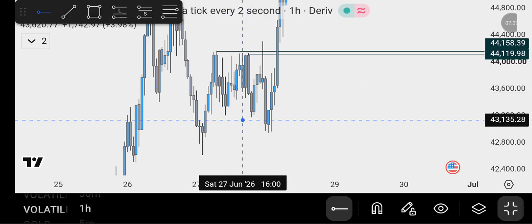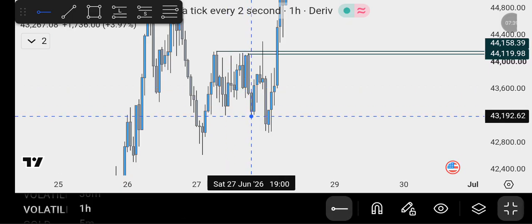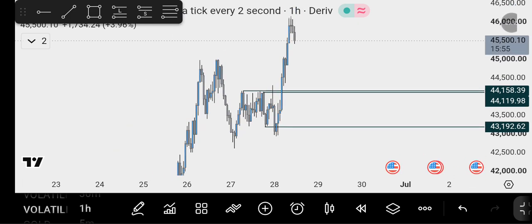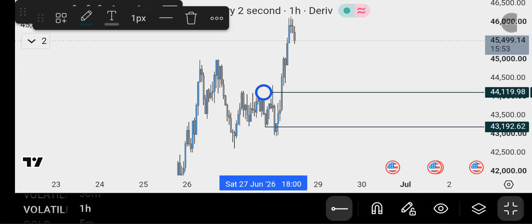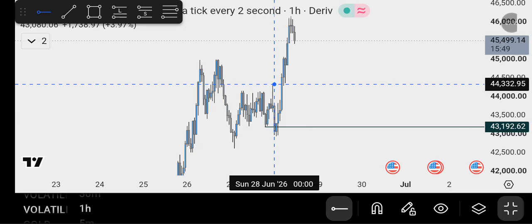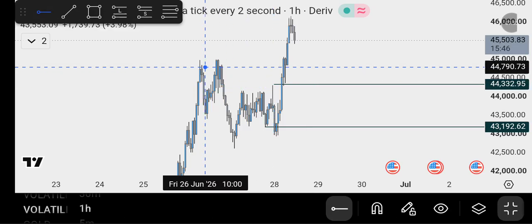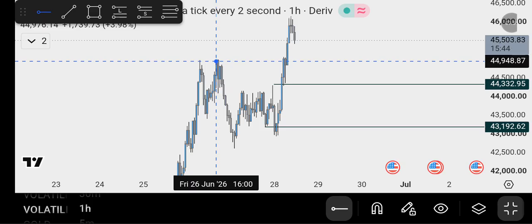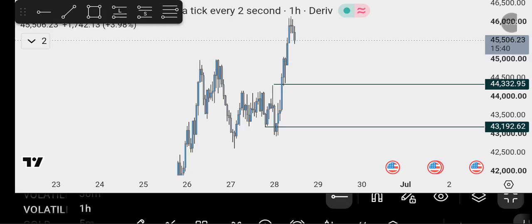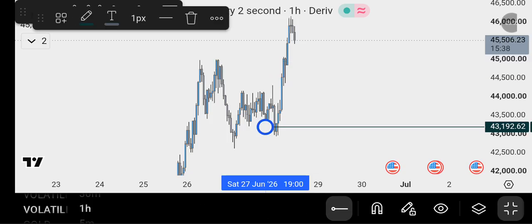Like something goes here, boom. Liquidity sweep. What happens next? Price takes this high and these highs, and now what do you think would happen next?